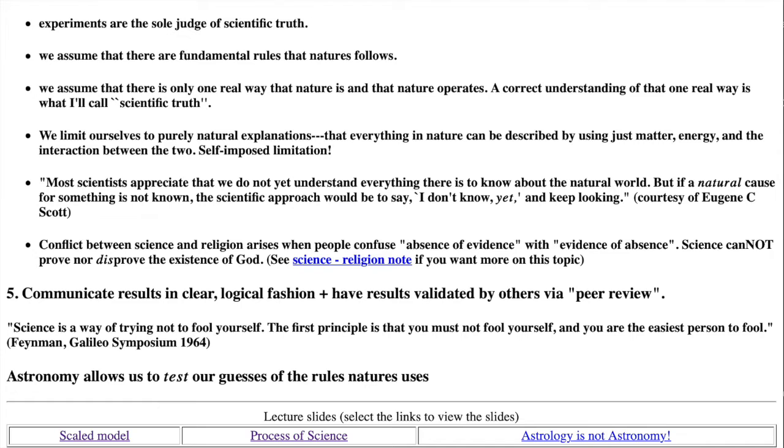But if a natural cause for something is not known, the scientific approach would be to say, "I don't know yet," and keep looking. I distinguish scientific truth from other definitions of truth, such as religious truth, for example. Scientific truths are based on clear observations of physical reality and can be tested through observation.